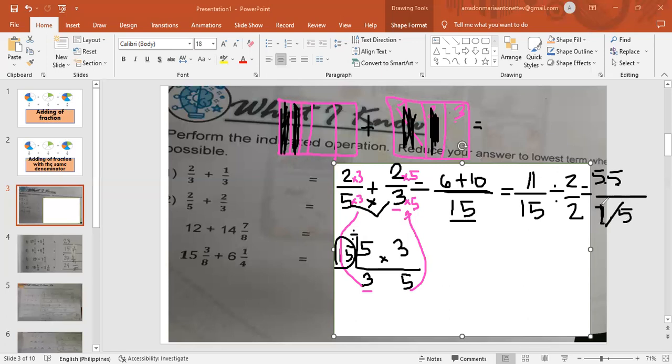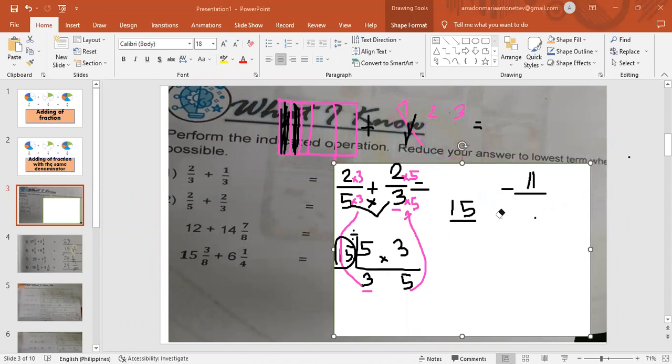Remember, if there is a decimal, it could not be. So, we don't need to do the LCM. Disregard that because we cannot solve that already. So, our final answer is 11 over 15. Okay, you got it?